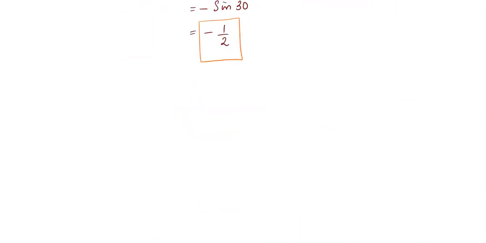What about this? Use reference angles to find the exact value of cosine 3 pi over 4. With radians, it's a little difficult to see where this will be.